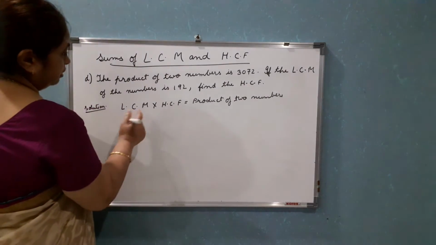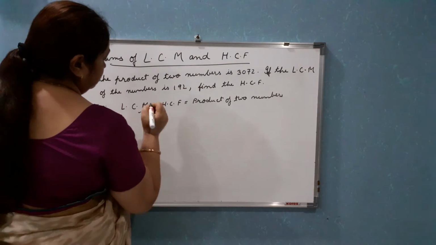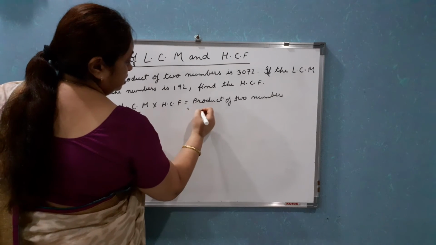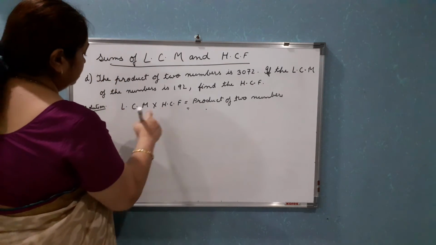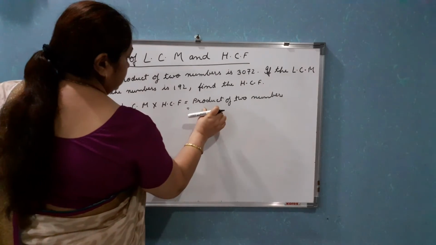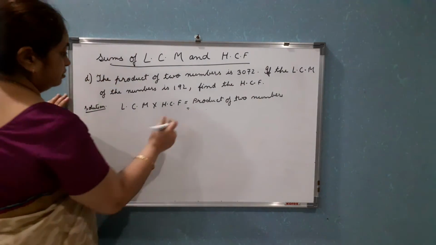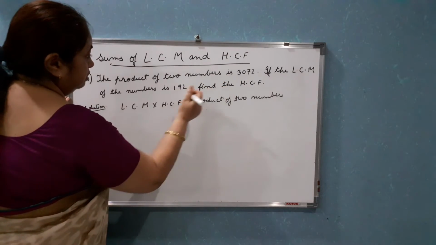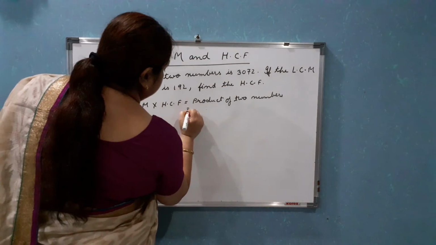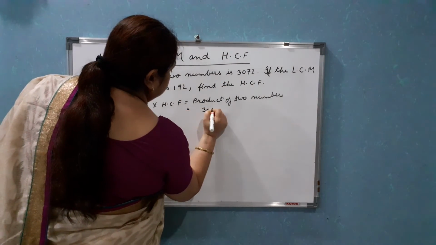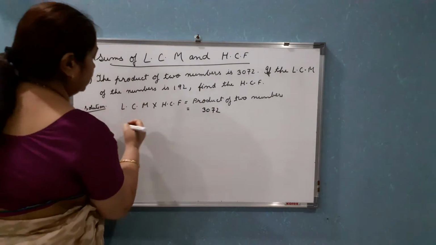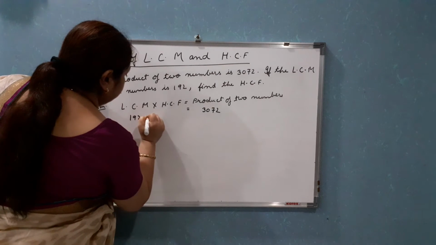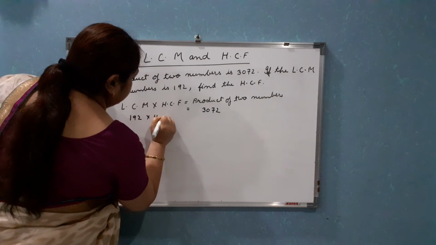So this you have given, LCM is given here, product of two numbers is given, you have to find the HCF. Okay, now let us find the HCF. See here, the product of two numbers is how much? 3072. LCM is given to you 192. You have to find this HCF.